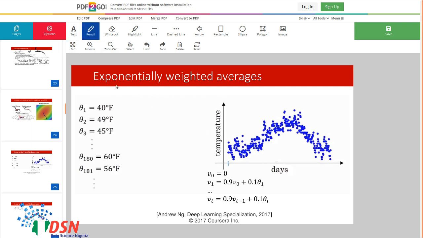To see how we are taking the average of previous gradients, let's say we plot some data. The data is temperature versus days. So we have different days and we plot the temperature on these days.